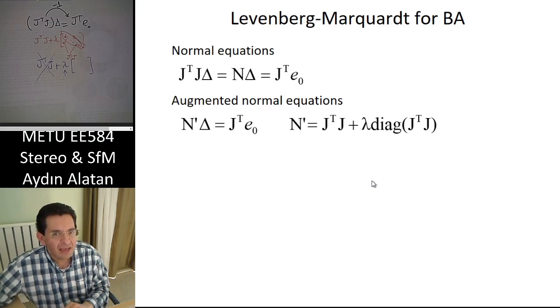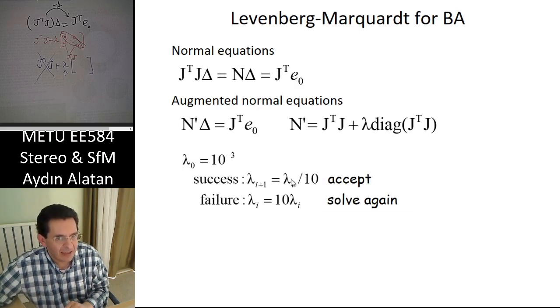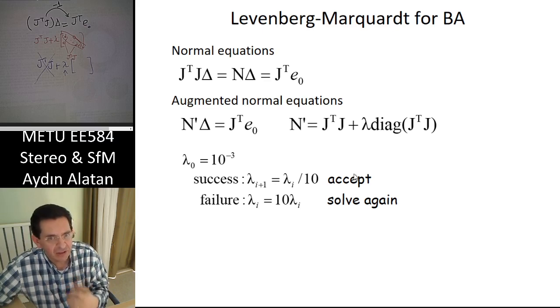As lambda gets smaller, the J transpose J term becomes more effective. Hence, you obtain something like a Newton iteration.